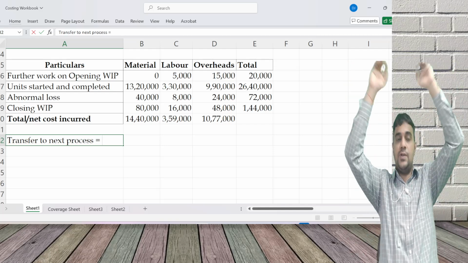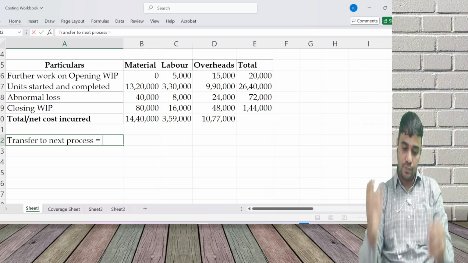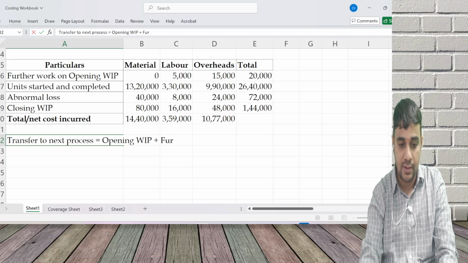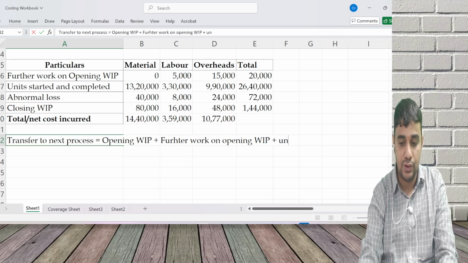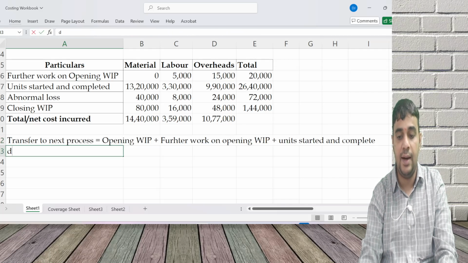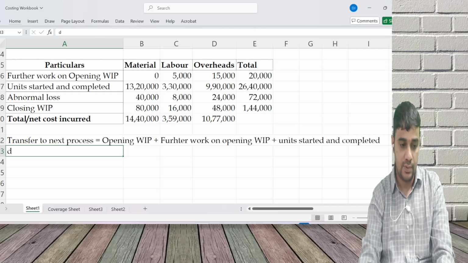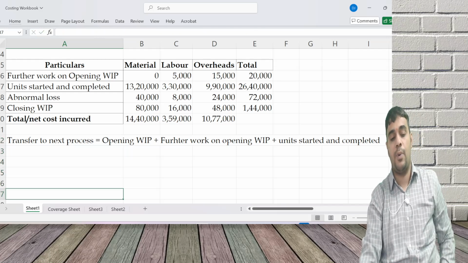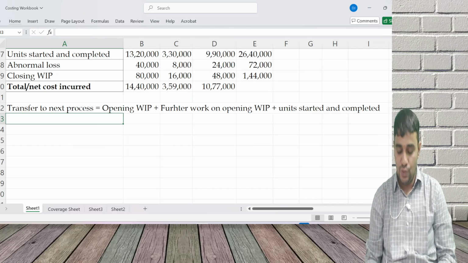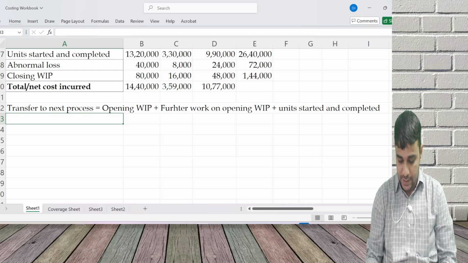Now at the end of it, transfer to next process is equal to opening WIP plus further work on opening WIP plus units started and completed.